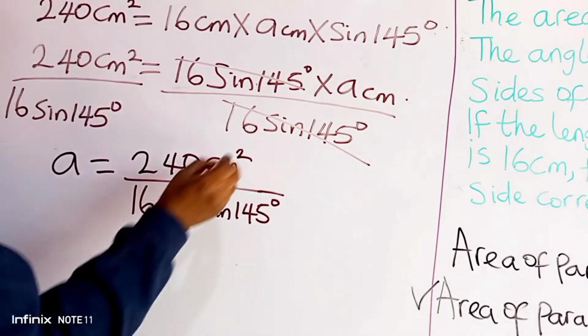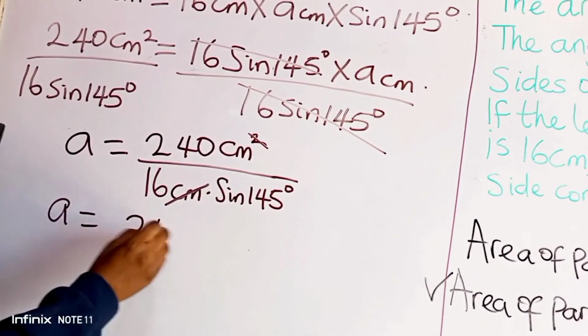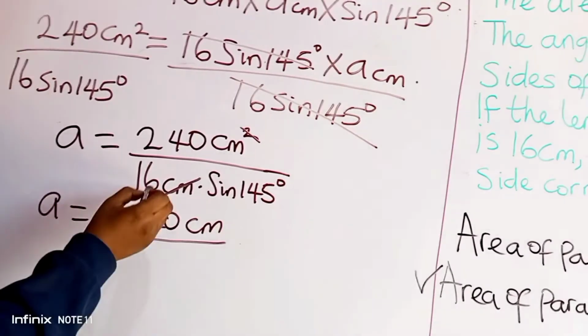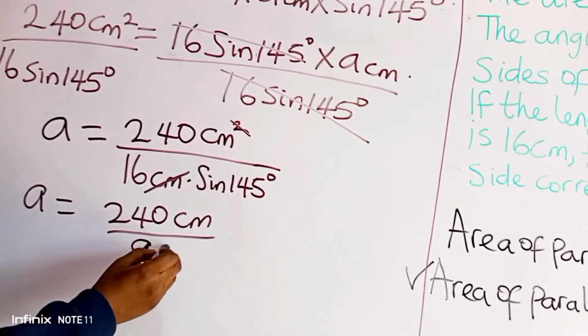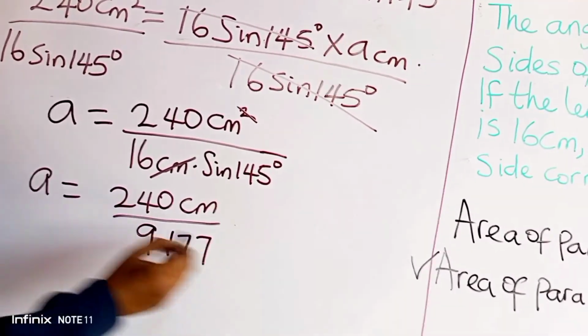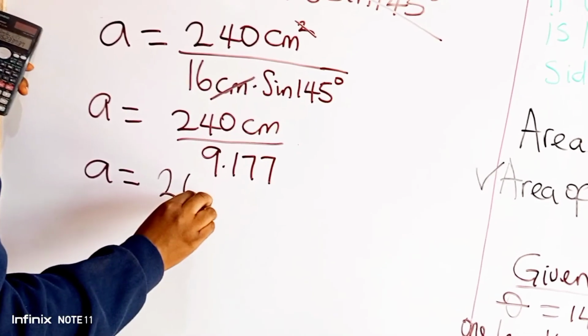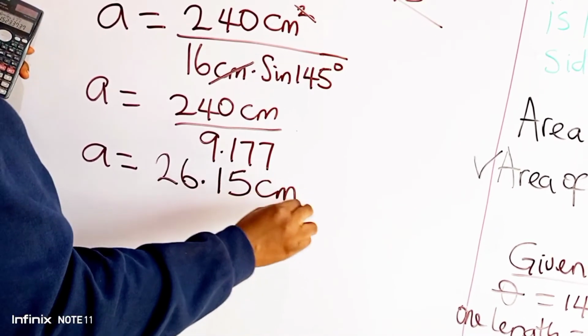So centimeter will cancel one centimeter. So A is equal to 240 centimeters divided by, press 16 multiplied by sine 145, gives me 9.177. So A is equal to 26.15 centimeters.